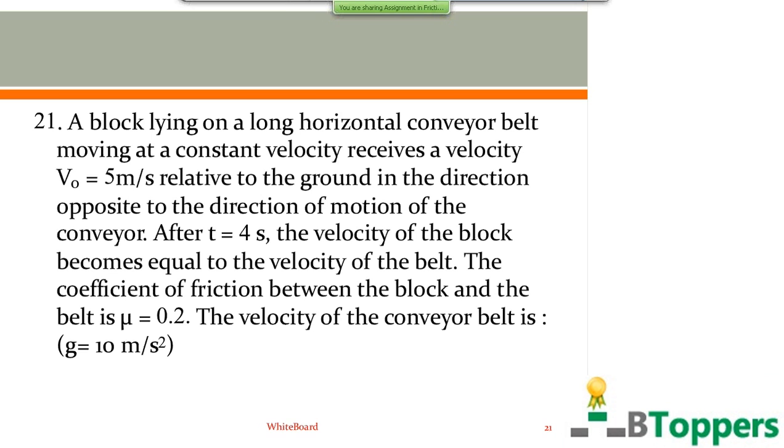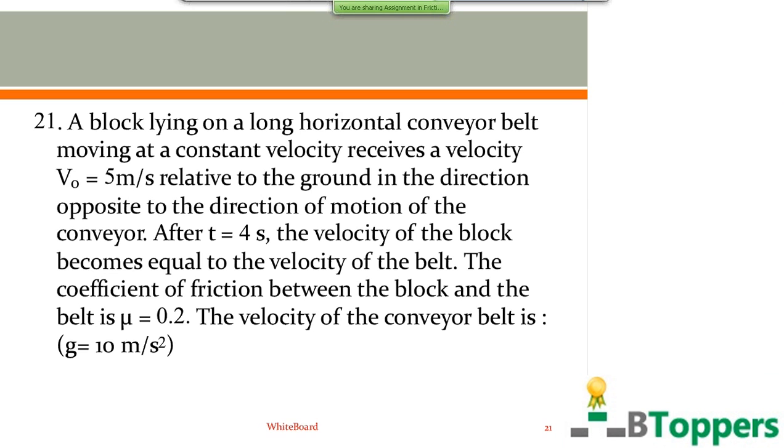A block lying on a long horizontal conveyor belt, moving at a constant velocity, receives a velocity V0 equal to 5 meters per second relative to the ground in the direction opposite to the direction of the motion of the conveyor.